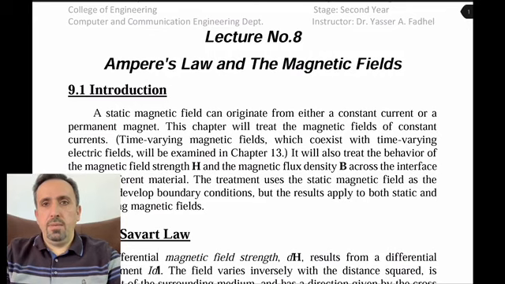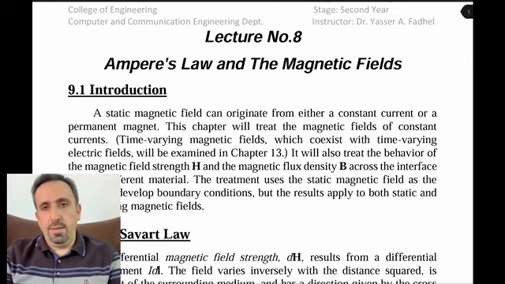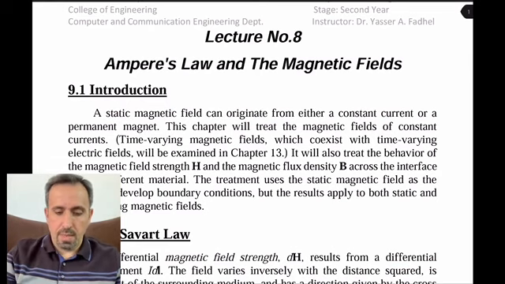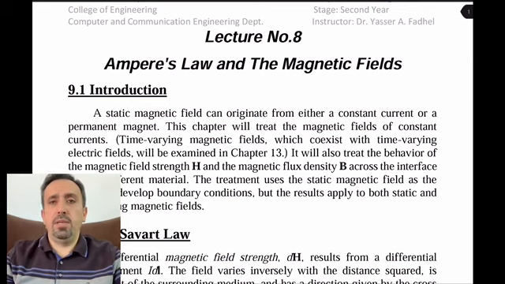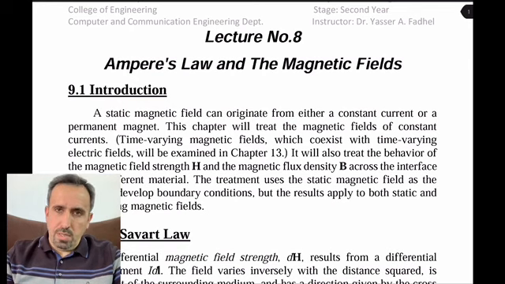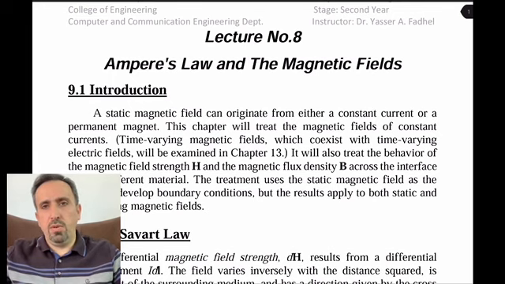Hello everybody. Today I'll be talking about chapter 9, which is lecture number 8, about Ampere's law and the magnetic fields. From your previous study of physics, you already know that there are two sources for getting a magnetic field.